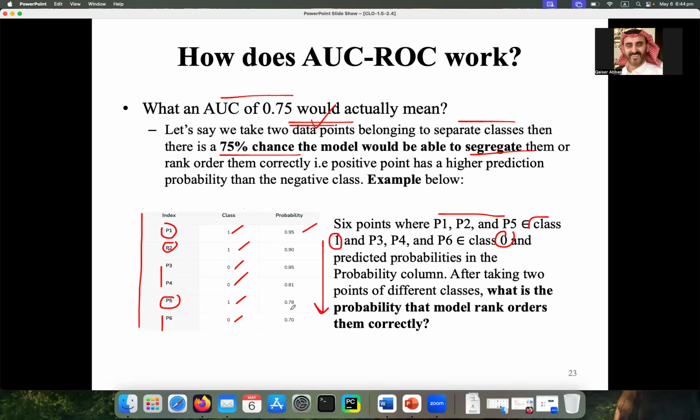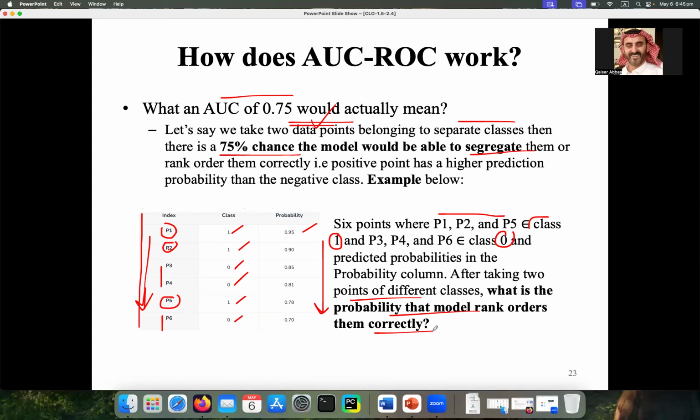Now, if some person gives me any 2 points from these 6 points, then what is the probability that the model will rank, order or separate them correctly?